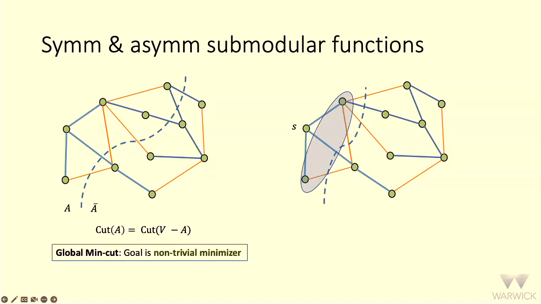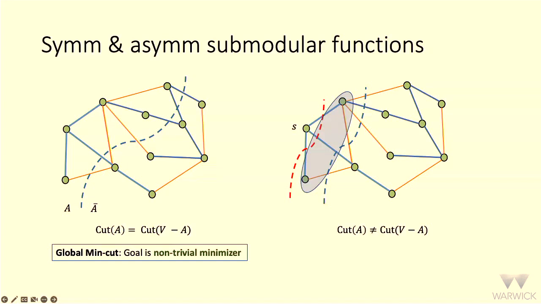So now, even if this set A is just the set of vertices on this oval, you see that the cut value associated with A is not exactly equal to the cut value associated with V minus A, right? Because when you're looking at the cut of A, you're also including S into it.